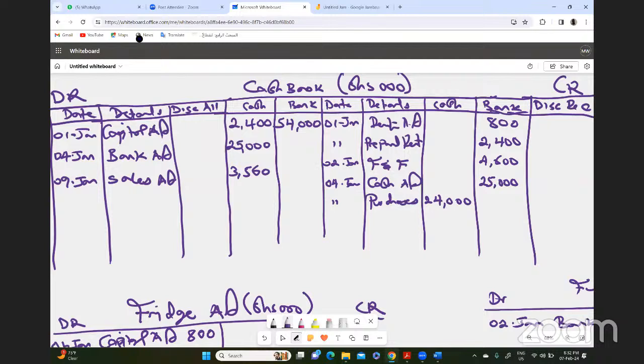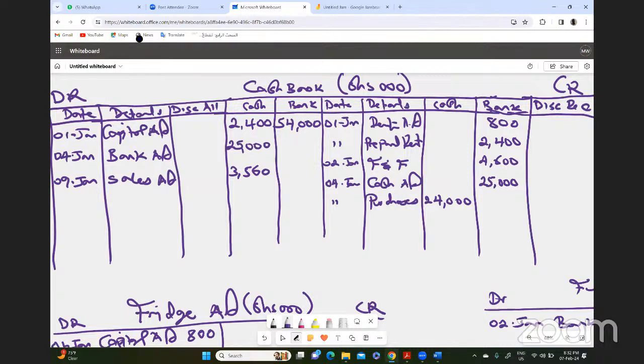The discount received in a cash book is not a ledger of discount received. Looking at the cash book, it is a cash ledger and a bank ledger, not discount received. The discount received and allowed that we're seeing in the cash book show cause and effect: that we are going to receive less cash simply because of the discount, but that is not a ledger.